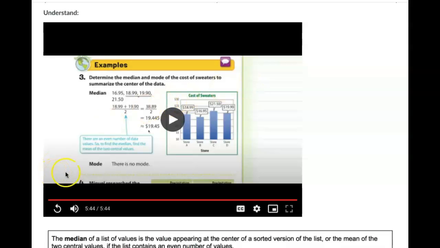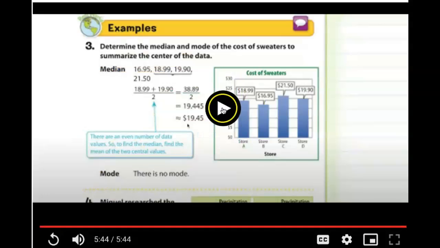Okay, I am going to start to play this, but I will be pausing it, and we're going to be doing some examples and interactive questions. So make sure you have your pencil and paper handy. Also, you need to open up your books to page 792 to begin writing down things in your book. It's really up to you to take notes.